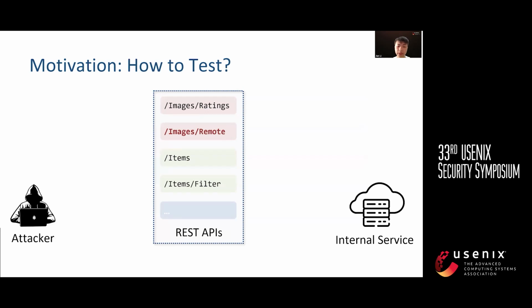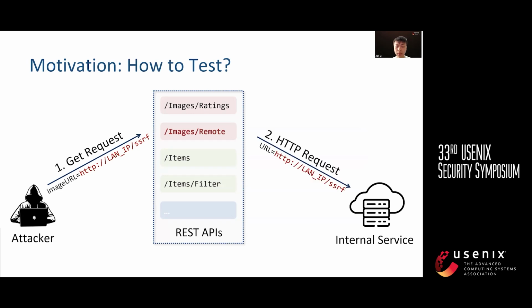So, you target Images Remote, sending a request with imageUrl set to a typical SSRF payload. The server then requests the internal service, receives a response, and sends it back to you. This is how you successfully discover an SSRF vulnerability in Jellyfin.